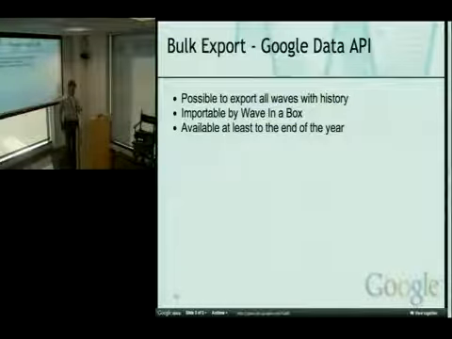So the idea is that we want to make it possible for you to add code to Wave in a Box, so they can dial up our data API on the Google Wave production system and read out your waves. The data API has OAuth authentication, so that if you give your credentials to your Wave in a Box instance and the code you write for that, then it can dial up and do a fetch wavelet.